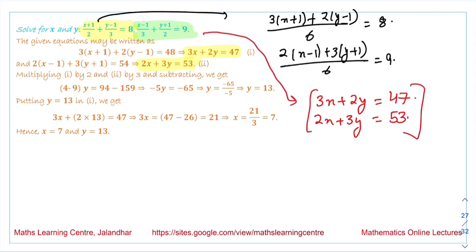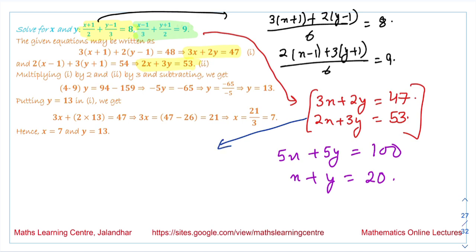Again, when we add these two equations, we get 5x plus 5y is equal to 100. So x plus y is 20.